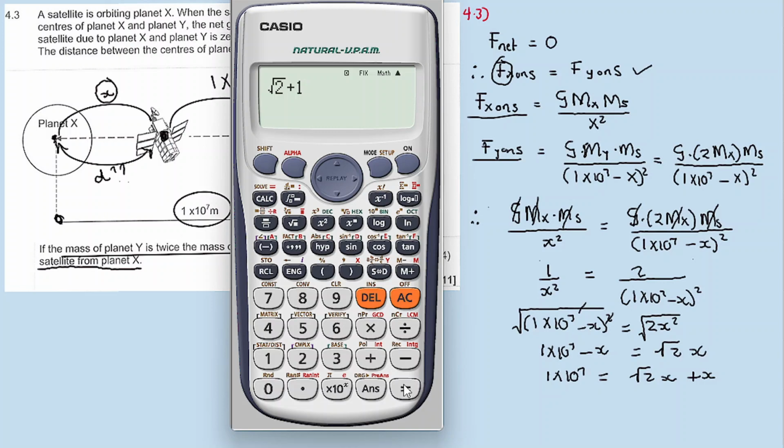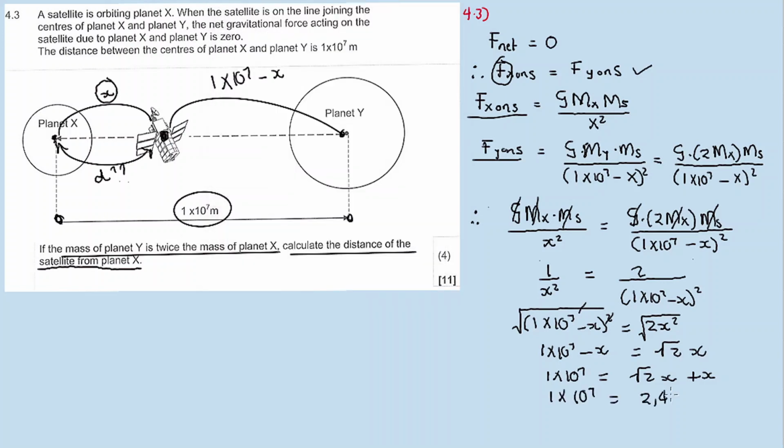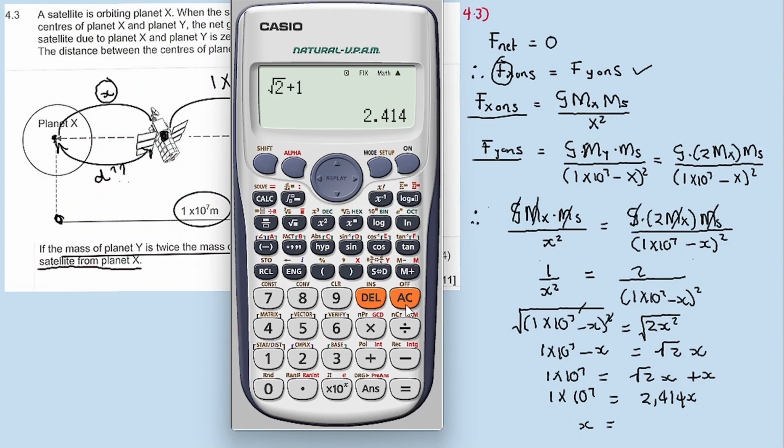Square root 2 plus 1 is equal to, let's say we fix to 3 decimal places, 2.414. So it's 1 times 10 exponent 7 is equal to 2.414x. So therefore x is equal to, divide both sides by 2.414.